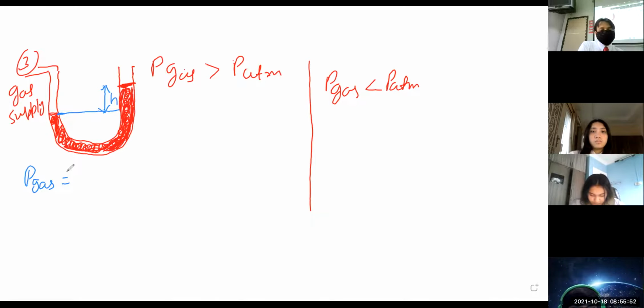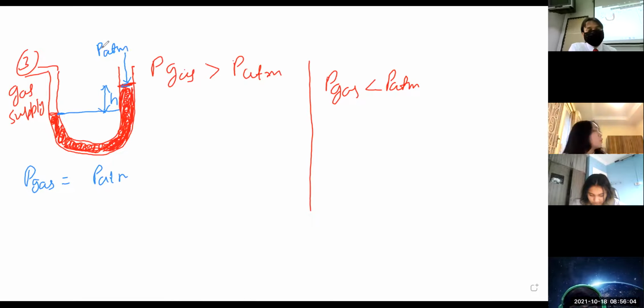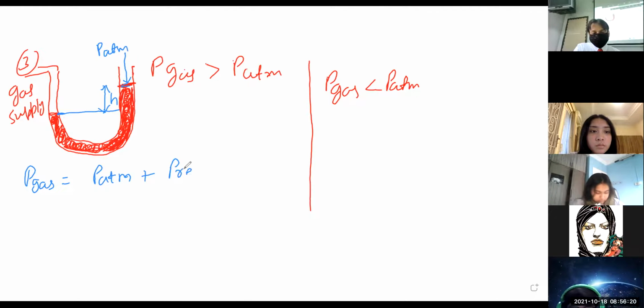So for gas pressure, you can write one equation: atmospheric pressure acting on this side, pressure due to the air column on the right-hand side, plus pressure due to the mercury column, Hg column.